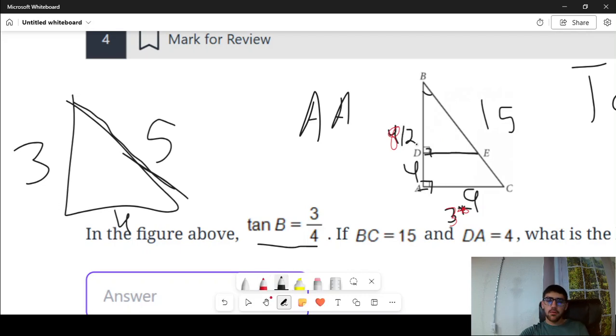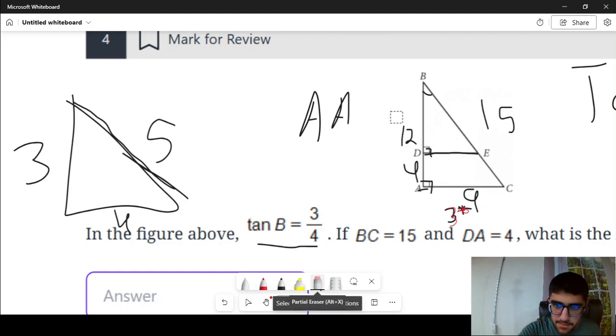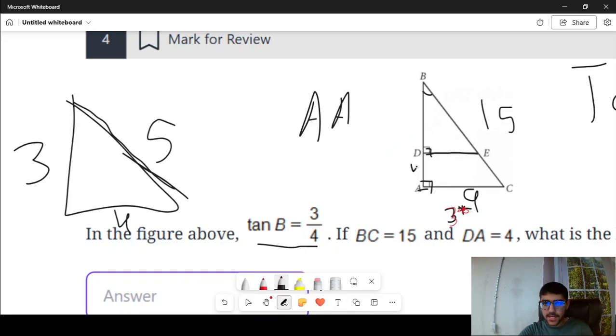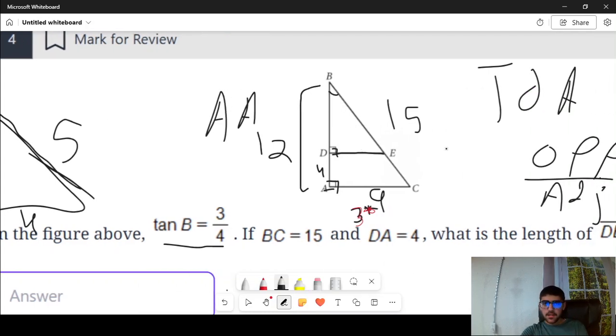So now what we need to do is basically make a ratio. I'm sorry, I don't know if I made it clear, but this whole thing is equal to 12. We're told that this small one, DA, is 4. This whole thing is 12, not BD. So from there, we can just set up a ratio to find DE. Let's use the long side divided by the short side.